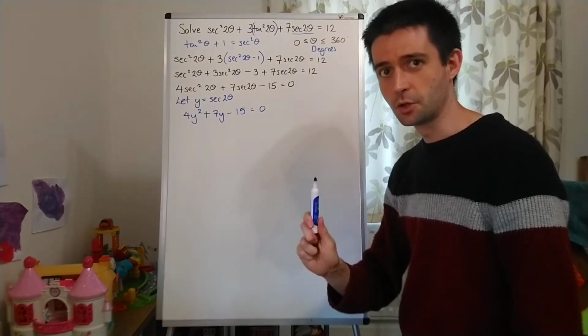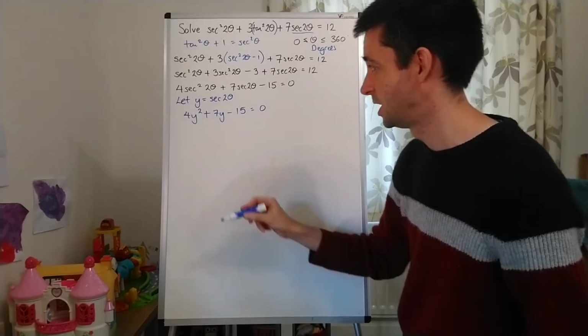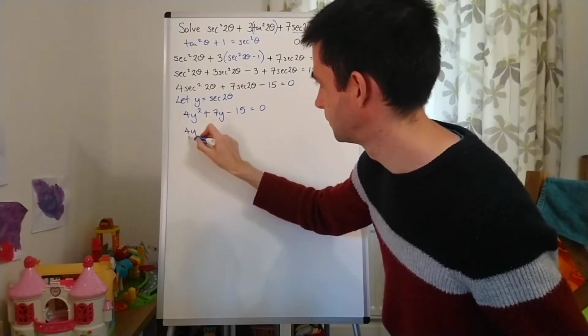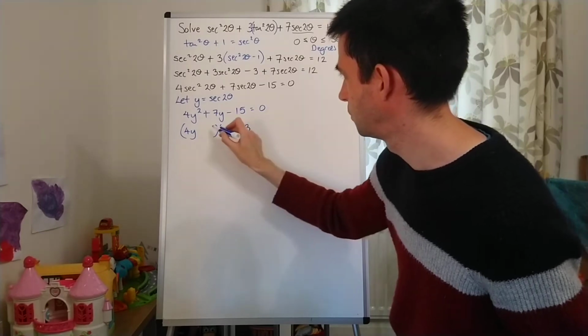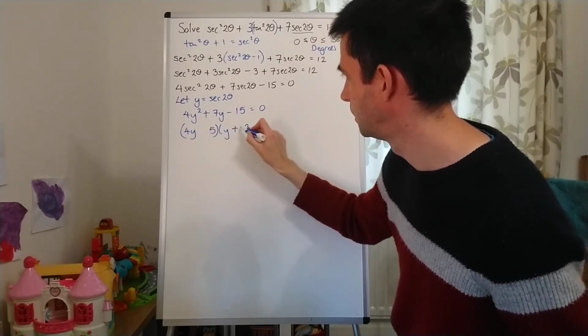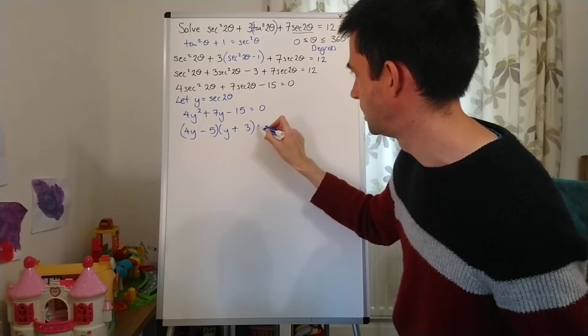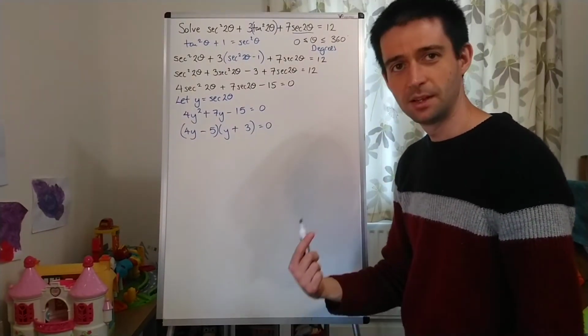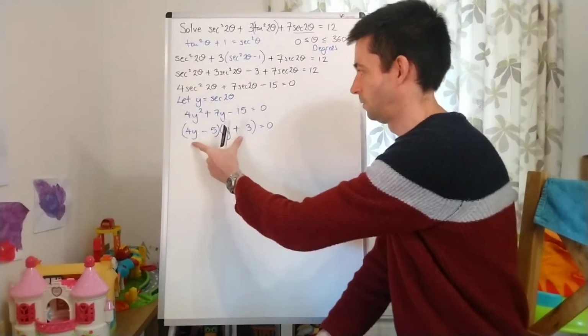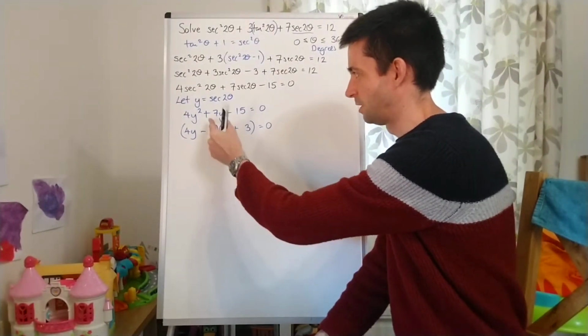Right, concentrate, Mr. Southern, factorise this. 4y, y, 3, 5, plus, minus. I reckon this time I've nailed that. Let's just check. Plus 12 minus 5 makes 7.